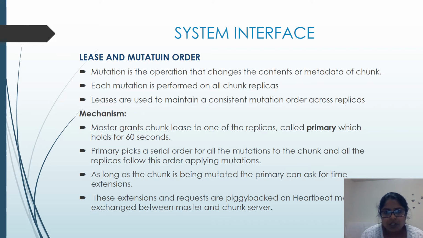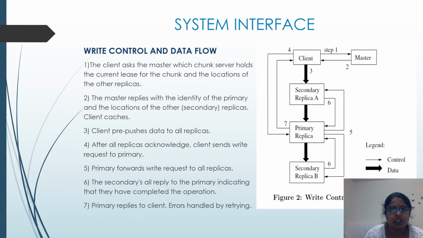As long as the chunk is being mutated, the primary can ask for time extensions. If the mutations are going on and the 60 seconds are about to end, the primary can ask the master for an extension. These extension requests are piggybacked on heartbeat messages between the master and the chunk server. Let's go to the next slide. Write control and data flow.